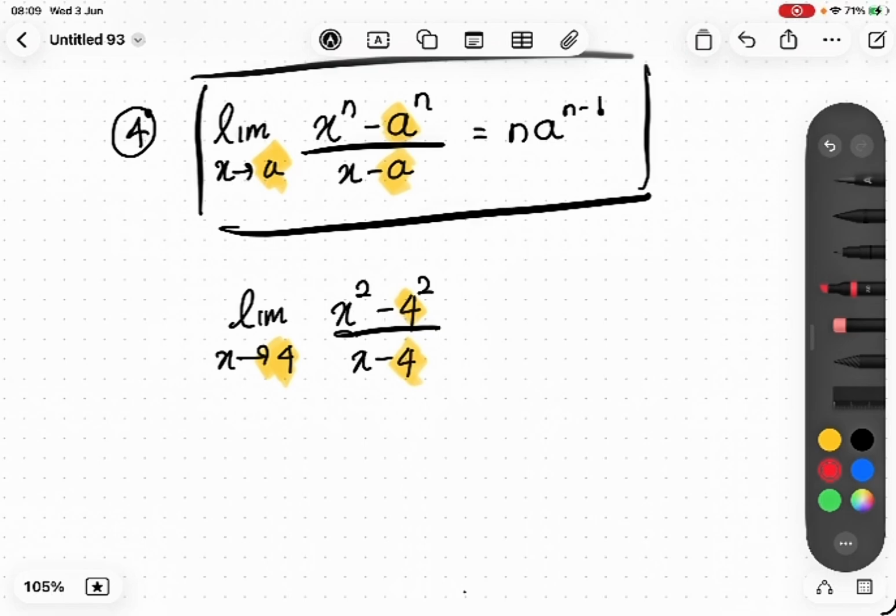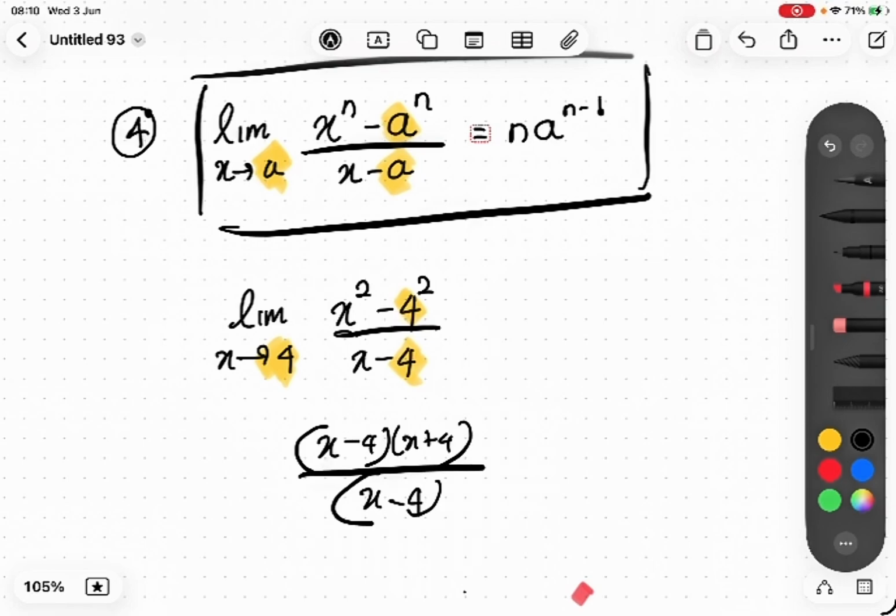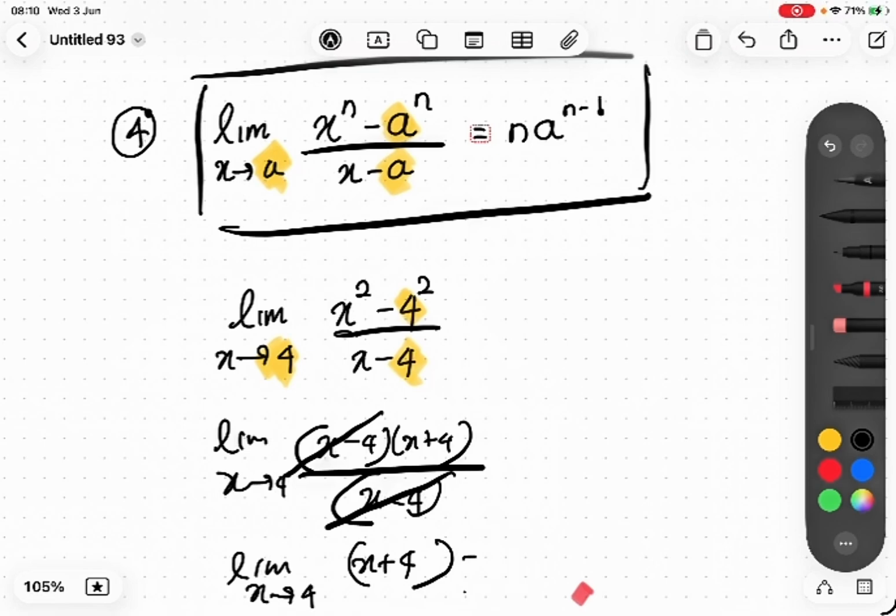Now, difference of 2 squares: x minus 4 times x plus 4 over x minus 4, limit when x tends to 4. x minus 4 and x minus 4 cancel, and we can just have the limit of x plus 4 as x tends to 4. We can directly substitute 4 and get the answer as 8.